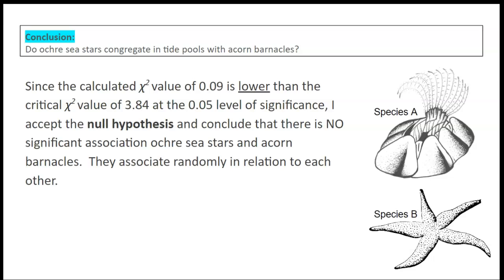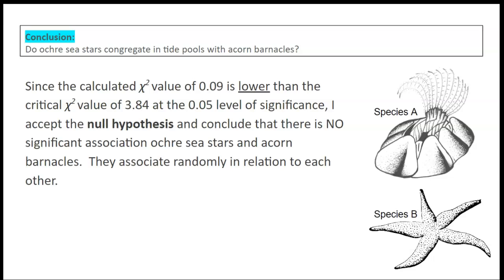So our conclusion, this is what you would write for your conclusion, okay? You have your calculated chi-squared value of 0.09. That is lower than the critical value of 3.84, right? So 0.09 is what we calculated when we added up all of those blue, red, green, and yellow squares. And 3.84 is what we got from the table.